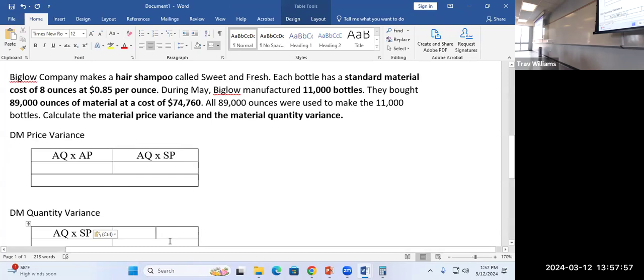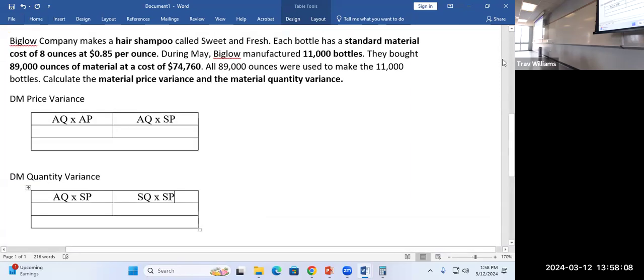And then we're going to subtract standard quantity times the standard price. Okay? Those are the formulas we'll be using over and over and over. Just those two formulas. We're going to sometimes use them for labor, sometimes use them for overhead. But this is the majority of what we're going to do this chapter.